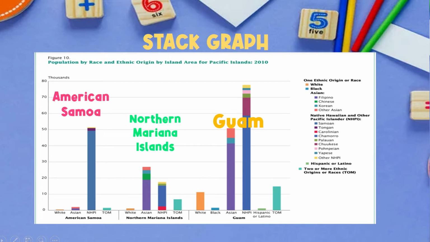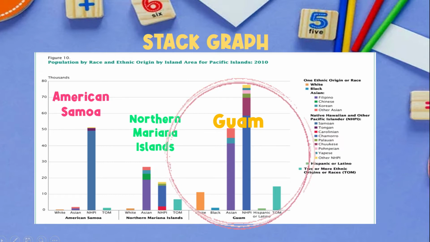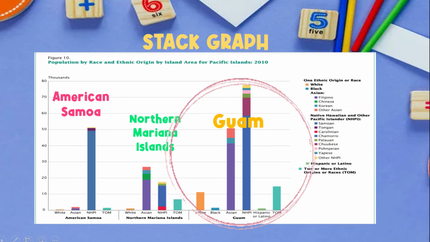Which Pacific Island territory seems to appear to be most racially diverse? In comparison with the other areas in the graph, Guam's population includes the greatest number of different ethnic origins and races. Now let's closely examine the graphs. There are more colors used to represent the different ethnicities in Guam.